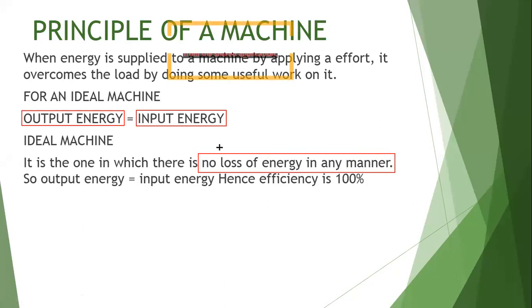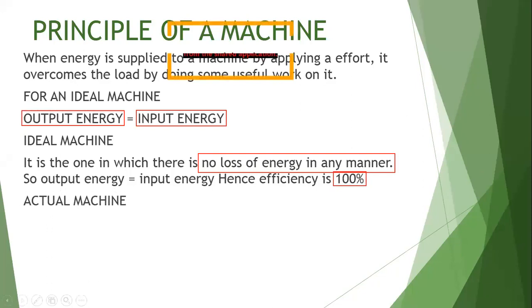So the output energy is always going to be equal to the input energy, and if you find out the efficiency, your output and input energy are the same, so the output and input work are also the same, and the efficiency will come out to be 100%. So the efficiency of an ideal machine is 100%.